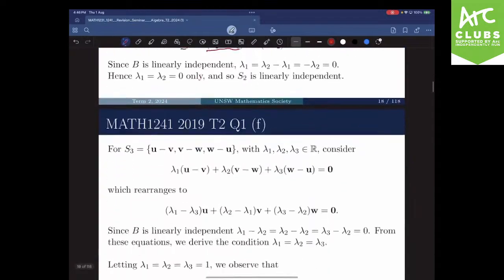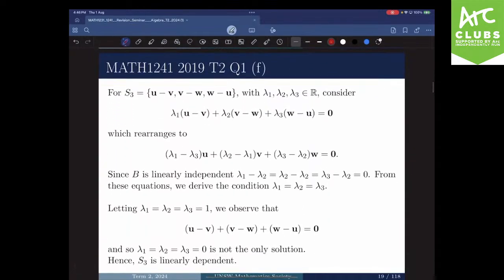Okay. So finally, for S3, we have u minus v, v minus w, w minus u. And now we consider some linear combination such that it sums to 0. If we rearrange it, we get (lambda 1 minus lambda 3) times u plus (lambda 2 minus lambda 1) times v plus (lambda 3 minus lambda 2) times w equal to 0.